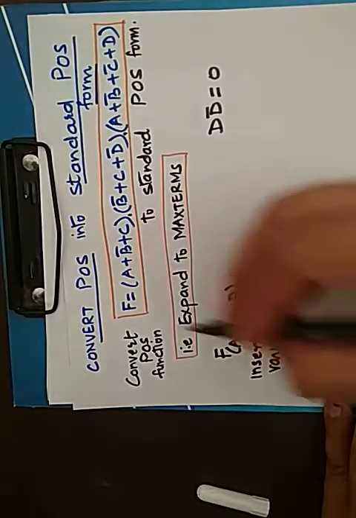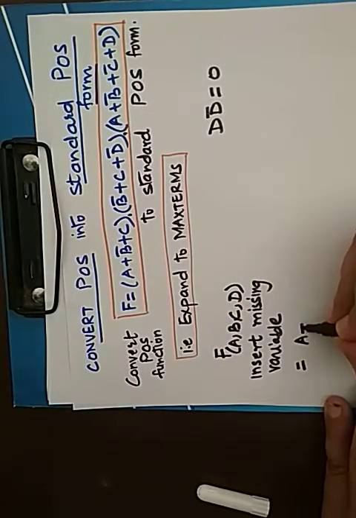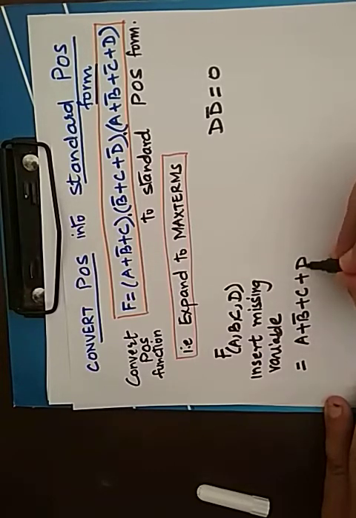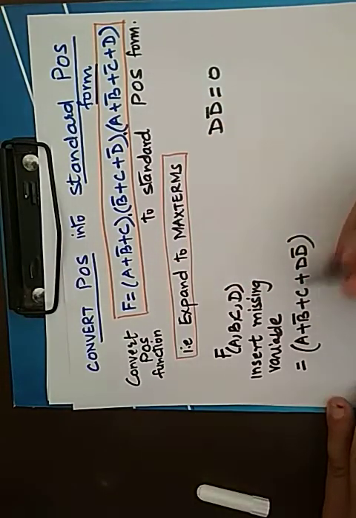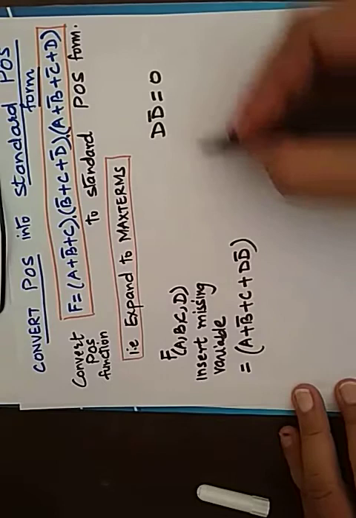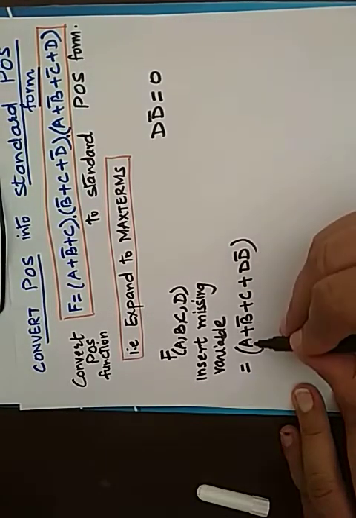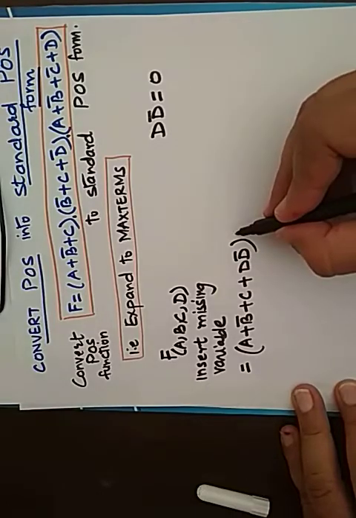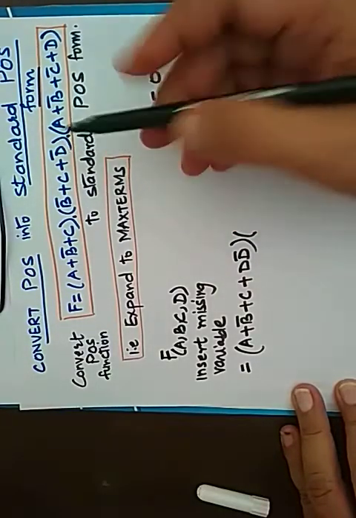So we may write this function f as A plus B bar plus C, can be written as A plus B bar plus C plus D bar. This is the first term. We've inserted the missing variable D because D D bar is 0. So doing plus 0 to any function does not change the value. Similarly, the second term is B bar plus C plus D bar.